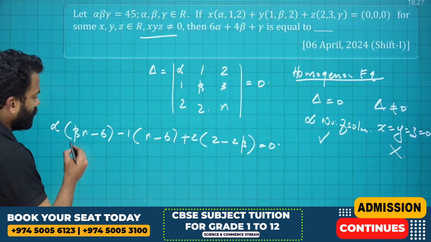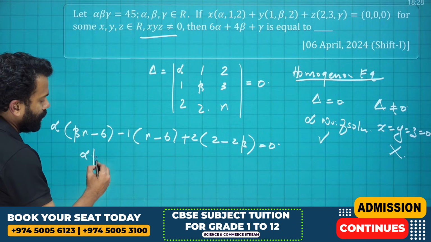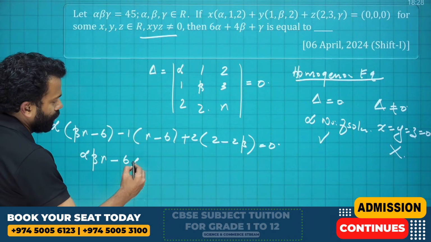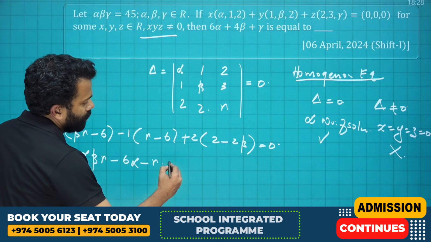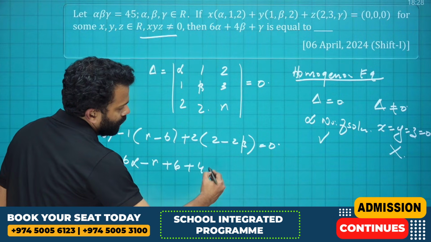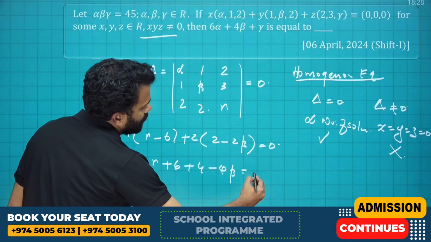If you open it, it will be alpha beta gamma minus 6 alpha minus gamma plus 6 plus 4 minus 4 beta, which is equal to 0.